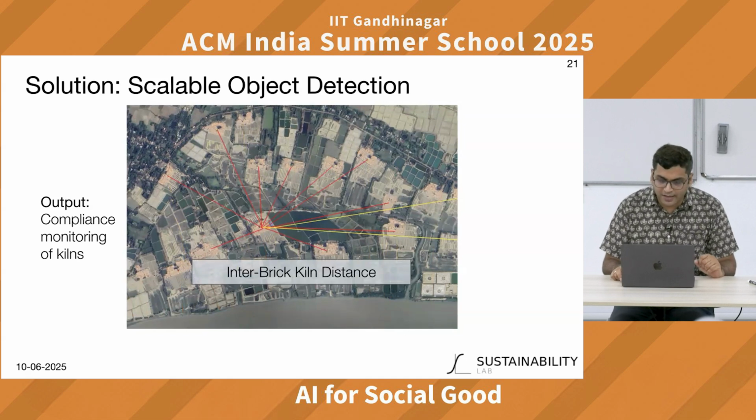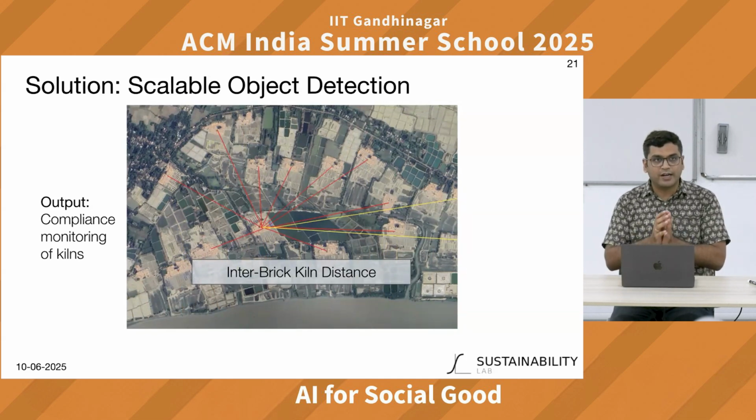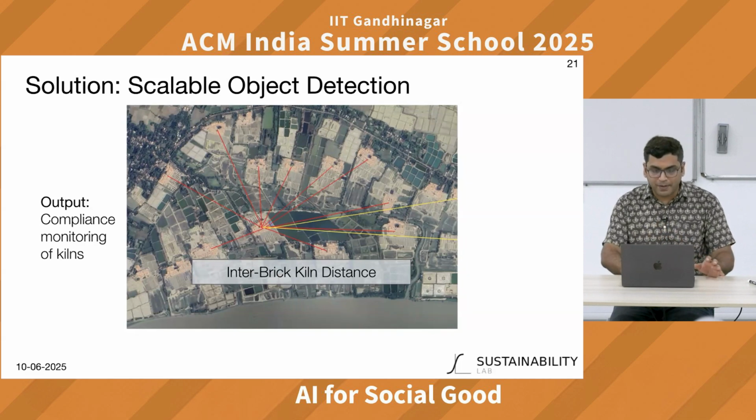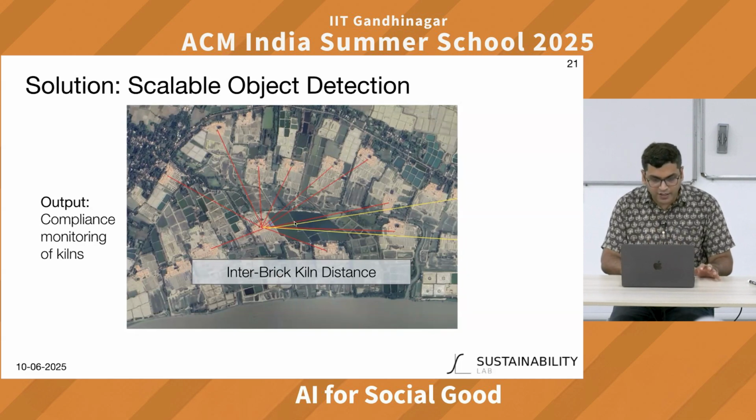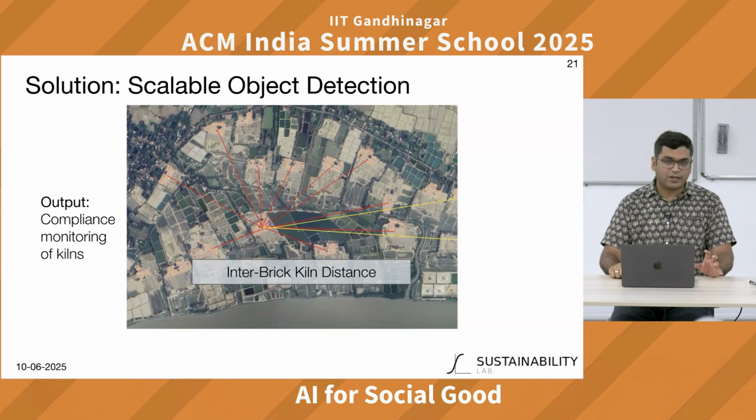And then there are others like inter-brick-kiln distance, because if many of them are very close to each other, you'll end up creating a cluster which will be a highly polluted region. The people living in the vicinity of these will unfortunately have the worst effect. That's why we also mentioned that we need a whole participatory effort. Again, sitting in big cities, we may say that the farmers are to be blamed for the air pollution in North India.